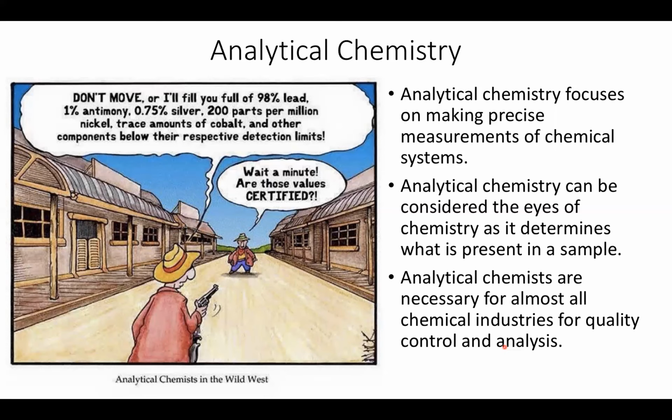So a lot of water treatment plants need to have a couple analytical chemists on hand just to make sure the water that they treated is safe and the water in your drinking fountain is also safe. So analytical chemists tend to do a lot of the backbone work of chemistry. And again, it is a really important subdiscipline to know, even if you decide to go into a different topic.